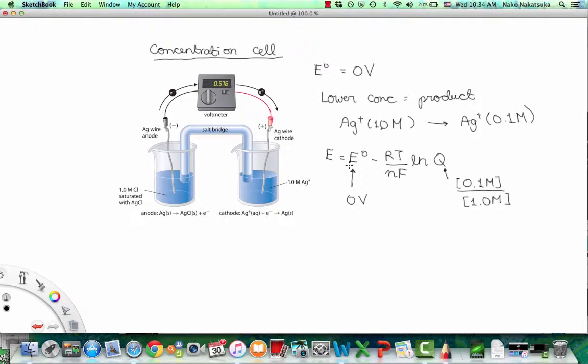So when you actually end up plugging in the values for the temperature, the gas constant, the number of moles of electrons, in this case just 1 electron, right? And Faraday's constant, which we saw before, is 96,485 coulombs per mole.